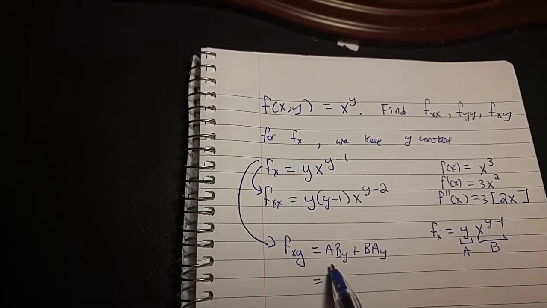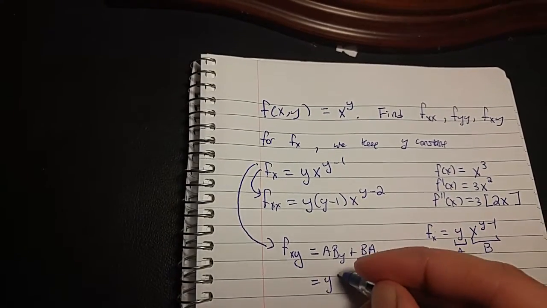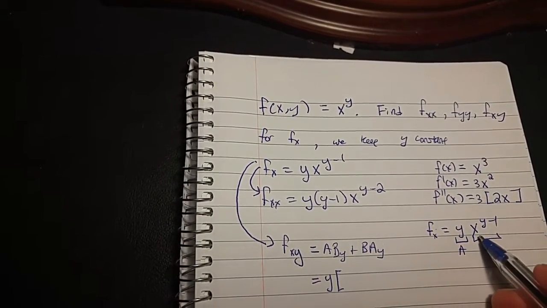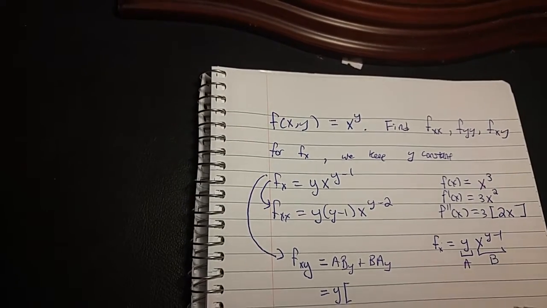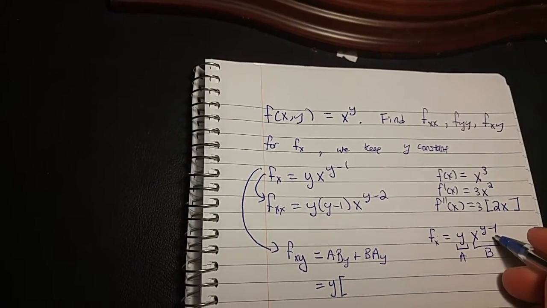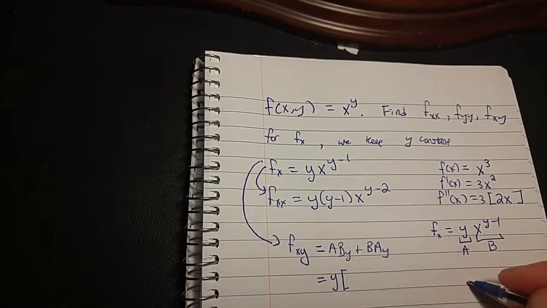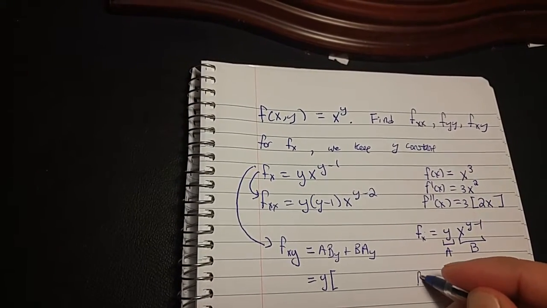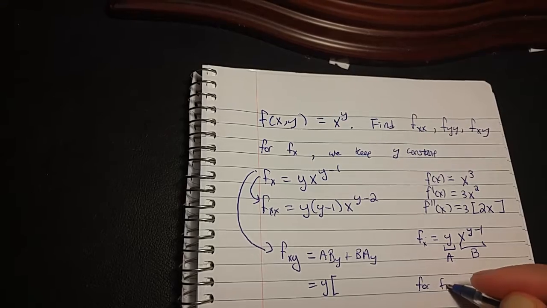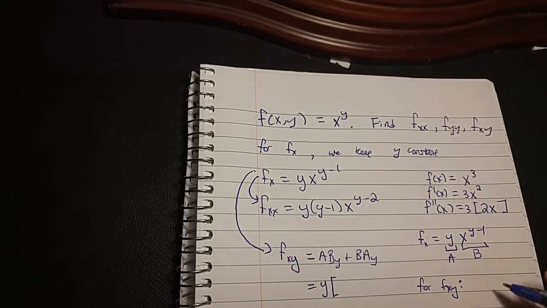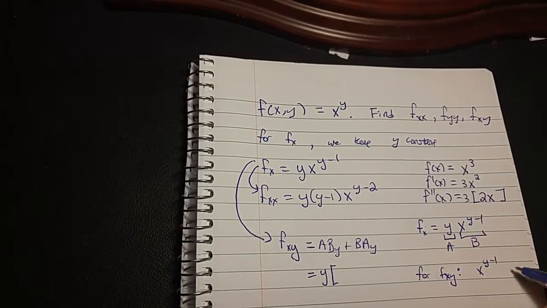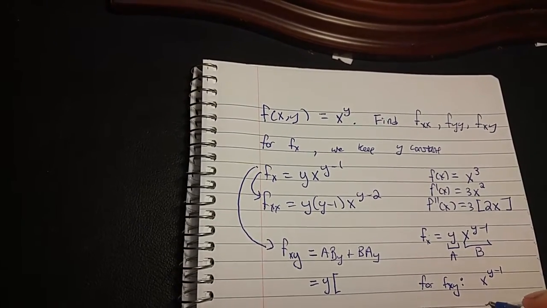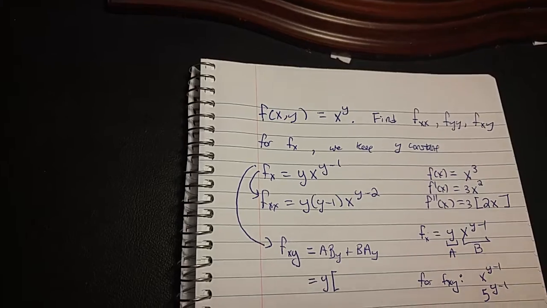So that's going to be a, y, times the derivative of x to the power of y minus 1. But we have to be careful. We're taking a y derivative of x to the power of y minus 1. So for fxy, x to the power of y minus 1 looks like 5 to the power of y minus 1.